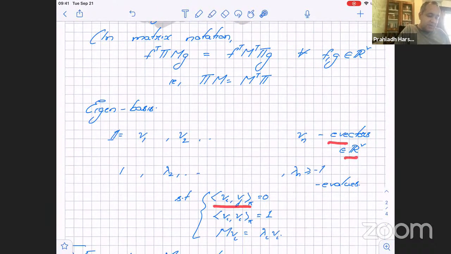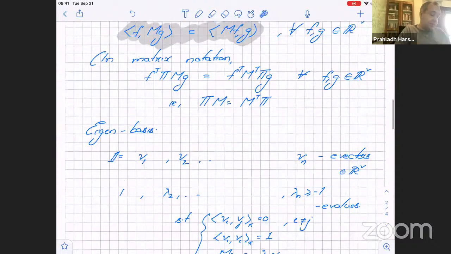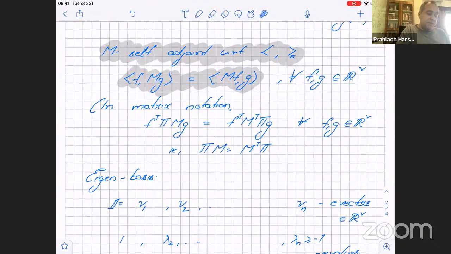It's an orthonormal basis: if i is not equal to j, vi and vj are orthogonal according to this inner product, and the vectors are of unit length according to this inner product. Furthermore, these vectors were eigenvectors, that is, M vi equals lambda i vi. So you had this nice orthonormal eigenbasis because M is self-adjoint for this inner product.